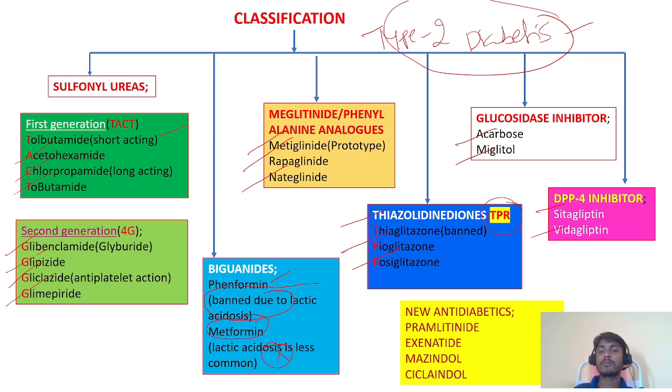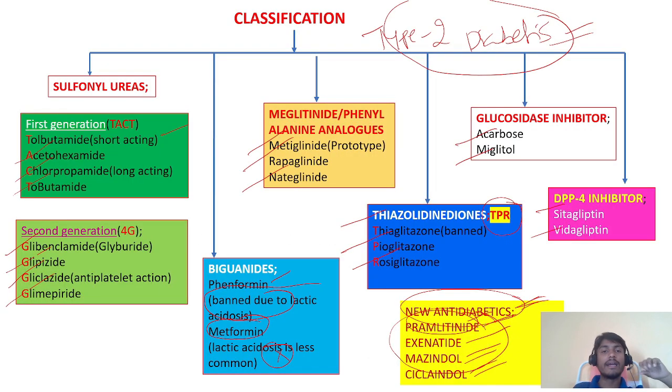Then new anti-diabetic drugs are there, that is pramlintide, exenatide, and mazindol. So these are the new anti-diabetic drugs.